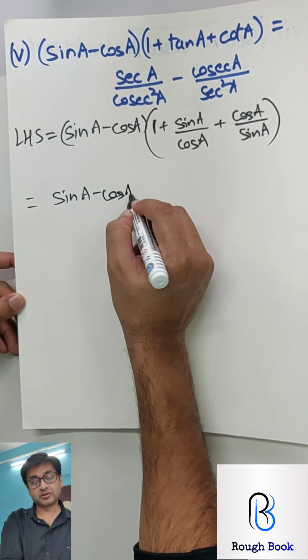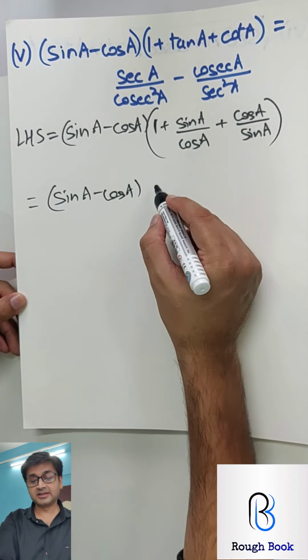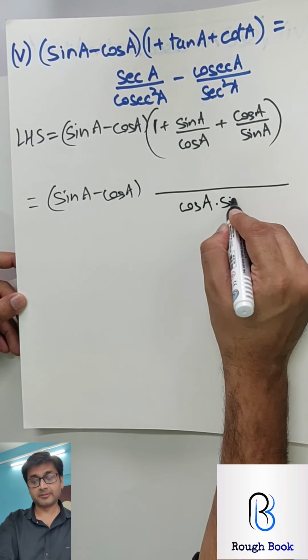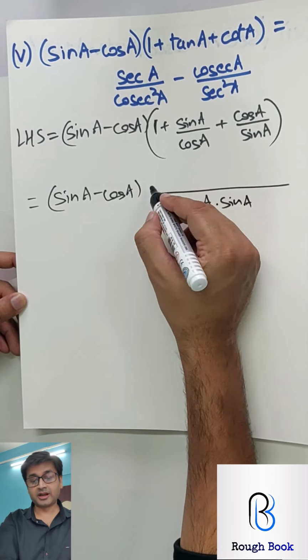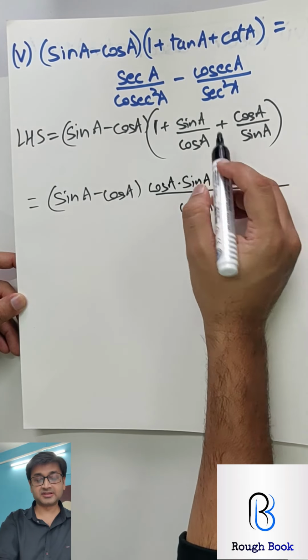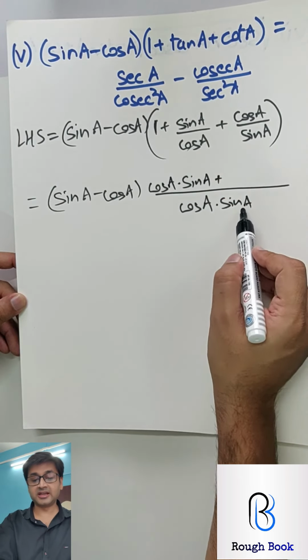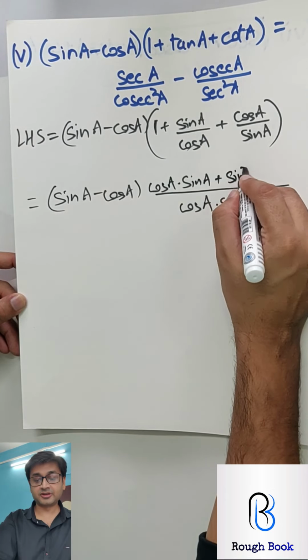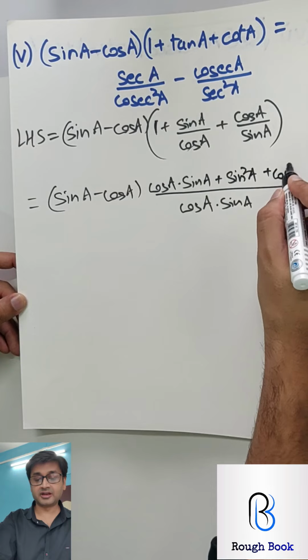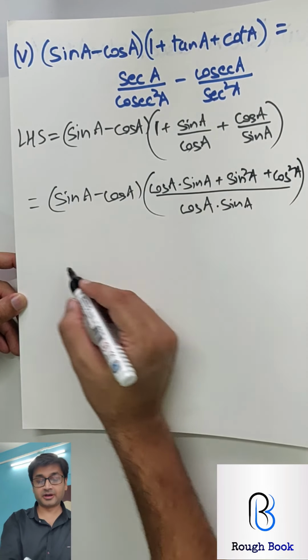So sin A minus cos A. Taking the LCM, my LCM in this case is going to be cos A into sin A. So here for 1 I will get cos A into sin A, plus this cos A cancels, so sin A into sin A, that becomes sin square A. Sin A gets cancelled, so cos A into cos A, I will get cos square A in another bracket.